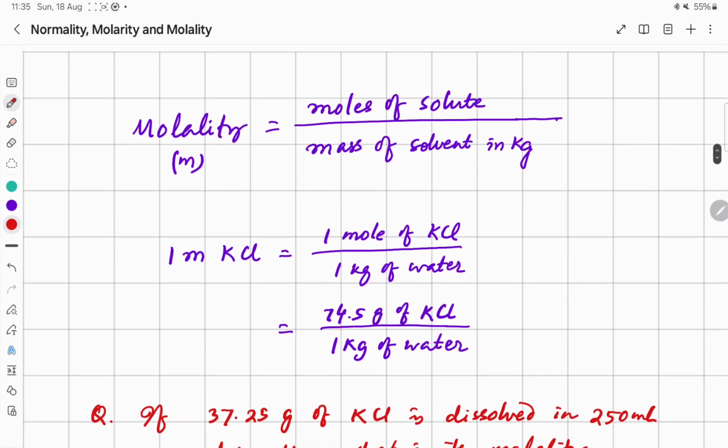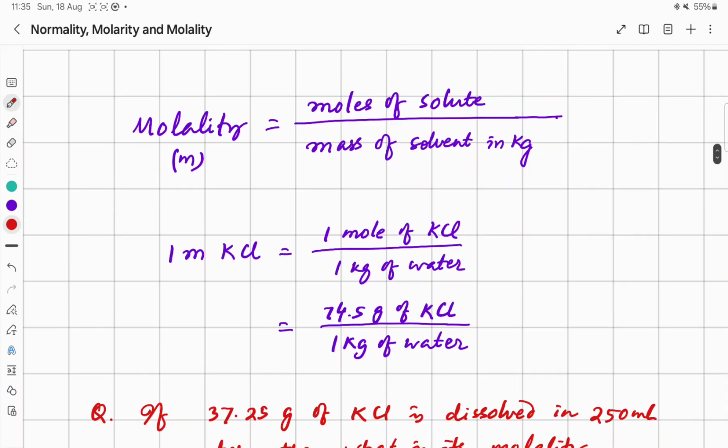Next, molality. In case of molality, we use the moles of solute per mass of solvent in kilogram. So here the weight is taken in kilogram. Suppose we are taking a potassium chloride solution. Here the molality is represented as small m.